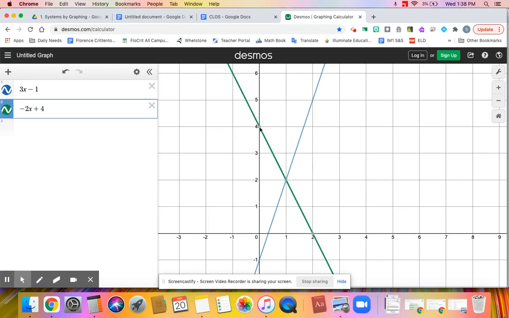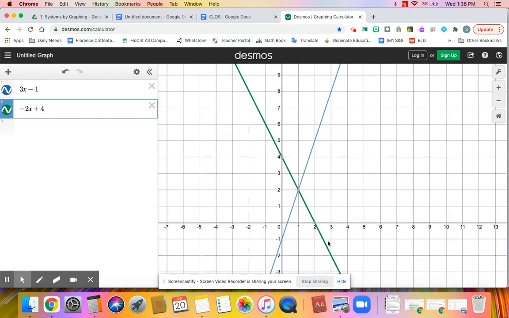But with the green one, even though it starts at 4, after 1 time, it went down 2 to over here at 2. And then after another time, it goes down again, 2 more. And it'll keep going down 2 after each 1 time. So versus the blue one, even though it starts down here, it keeps going up. After 1 time, it went all the way up here to 2 because it's going up by 3.